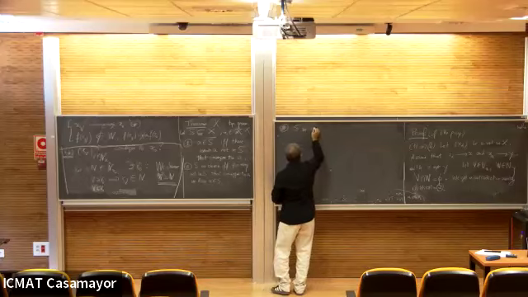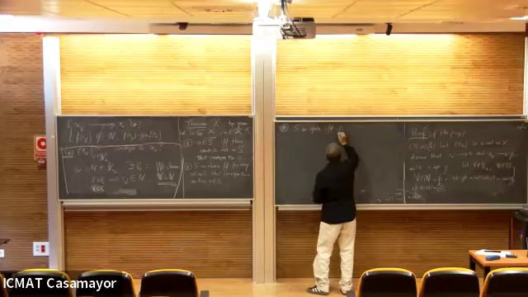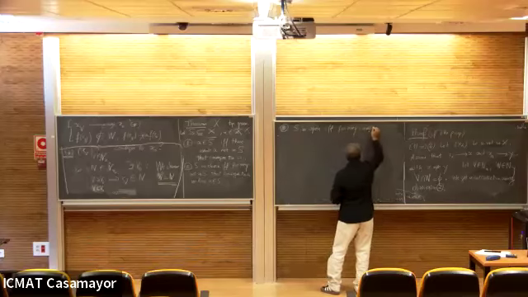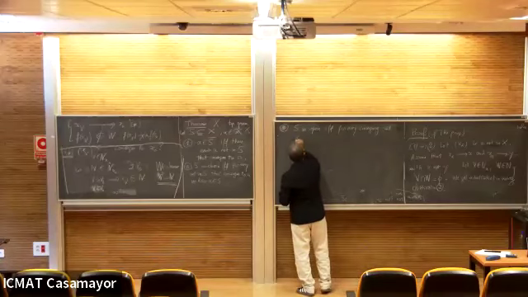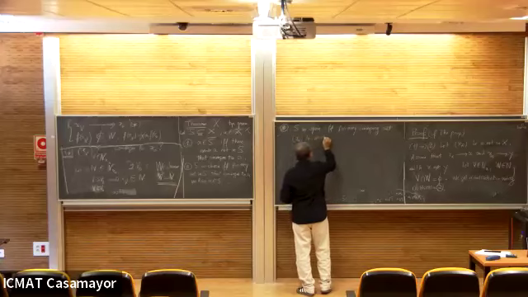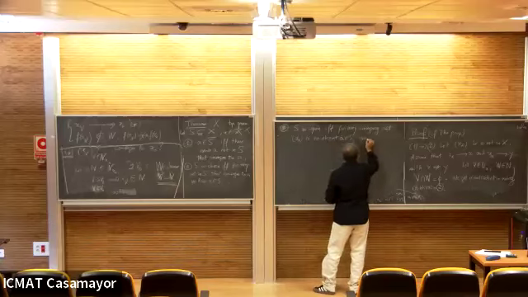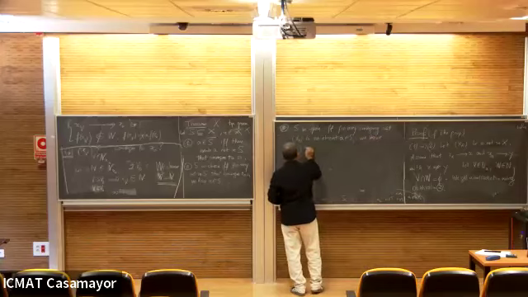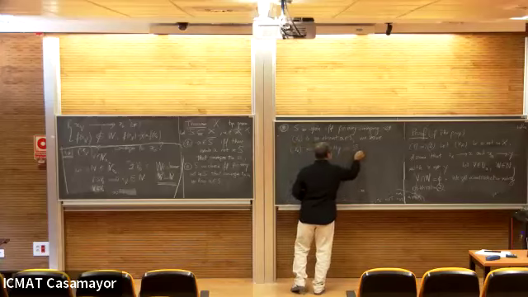S is open if and only if for every converging net x alpha to an element A in S, we have x alpha is eventually in S.